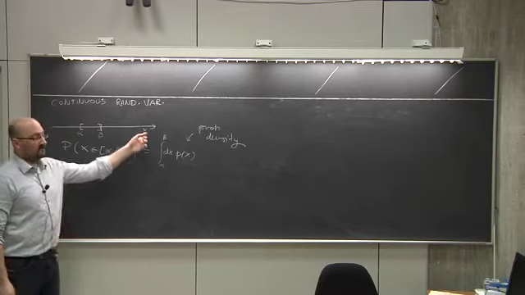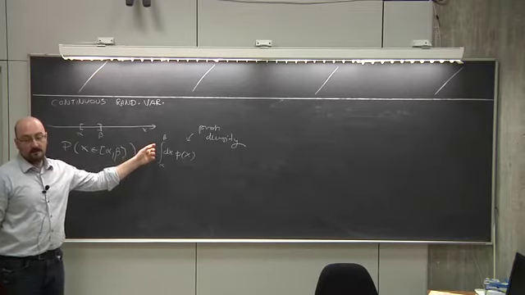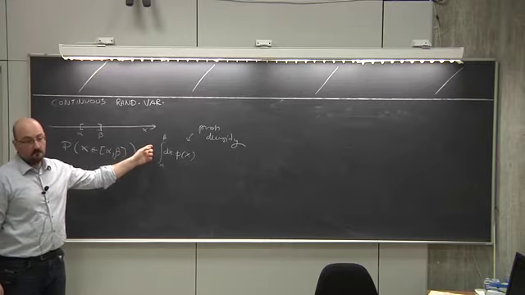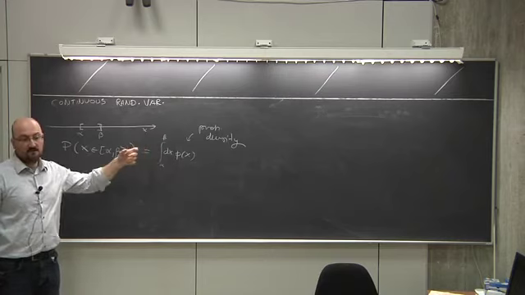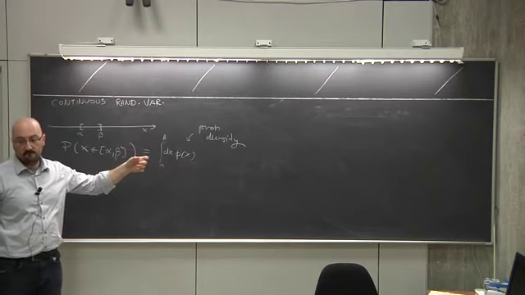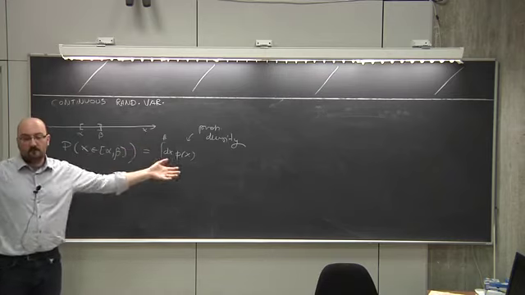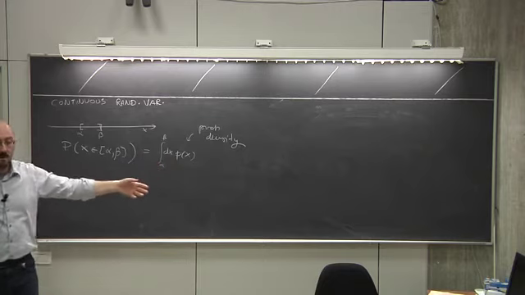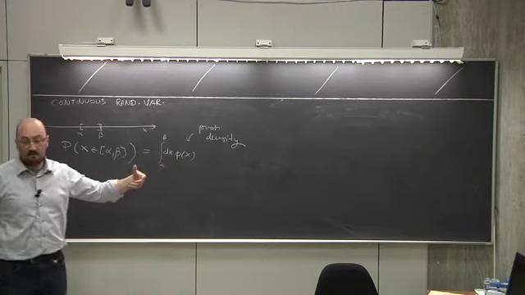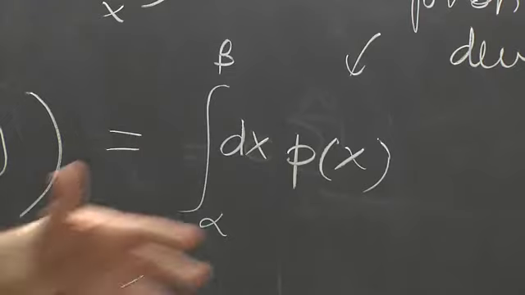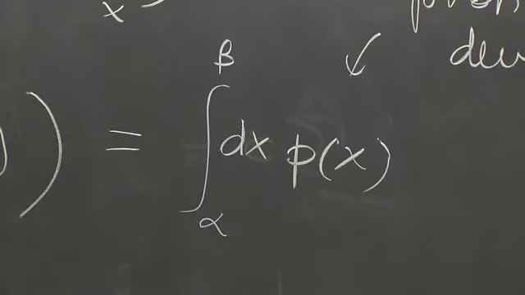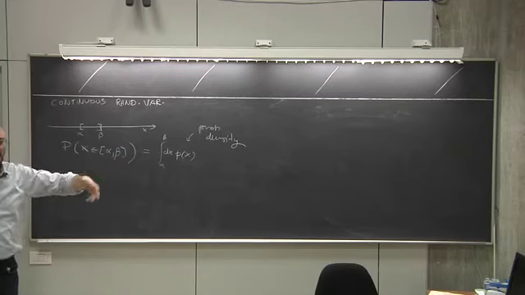If x is a real variable, clearly the worst that alpha and beta can be are minus infinity and plus infinity. Then we cover the entire real space, and this integral has to become 1, because we are covering all of the space, so the probability is 1.